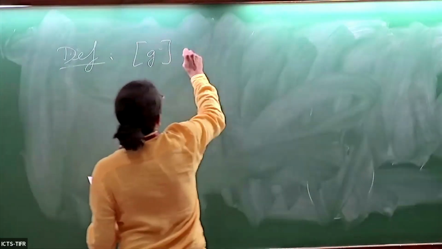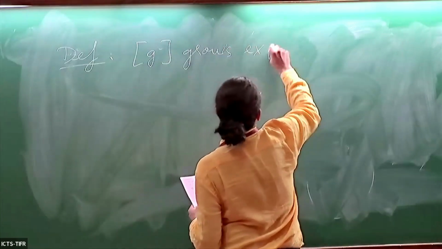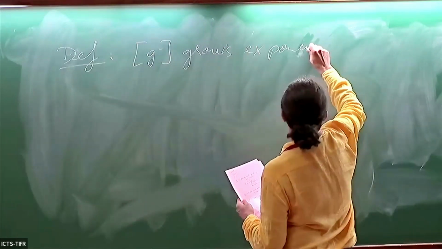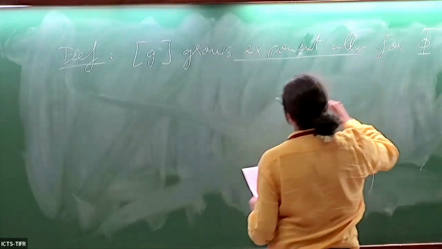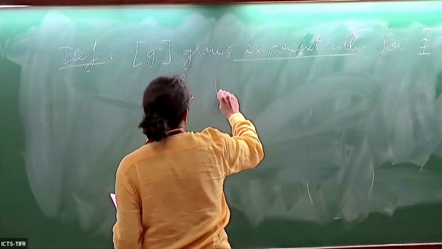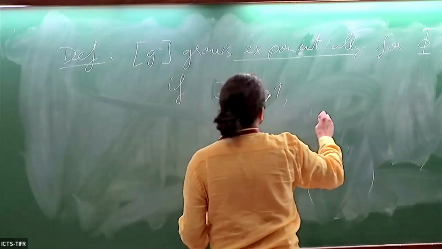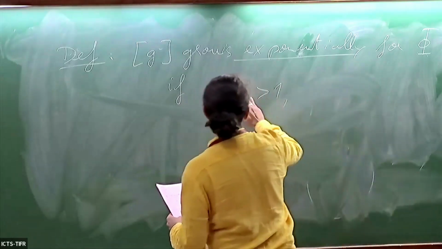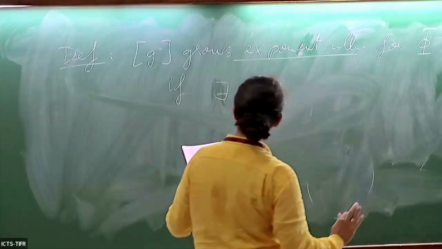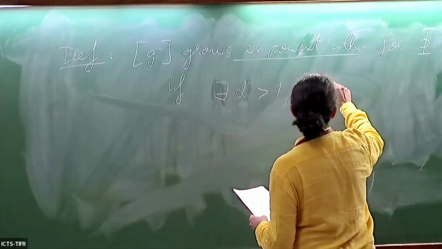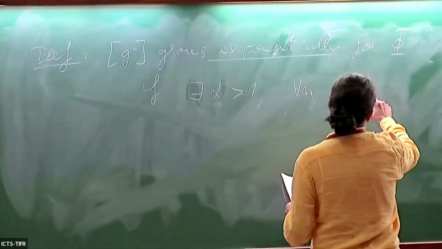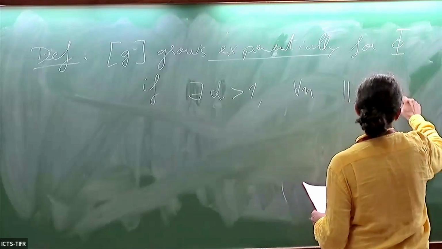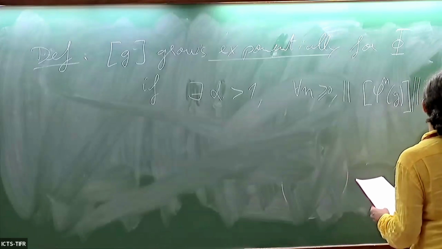G grows exponentially for phi if there exists lambda larger than 1, or I'll call it alpha, sorry, so as not to conflict with other notations, such that for all n, the length of the conjugacy class of phi^n of G, I'll call it positive, is larger than alpha^n.